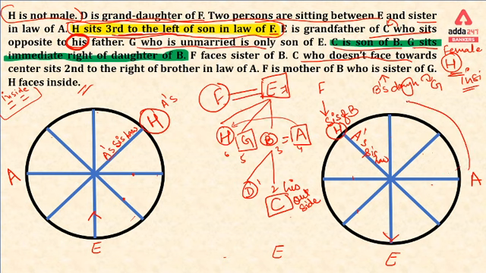If we place left here, that means A is facing outside. If we place left here, that means A will face inside. Now consider the statement: married couples face inside. As we all know that A is a married person, he must face inside.